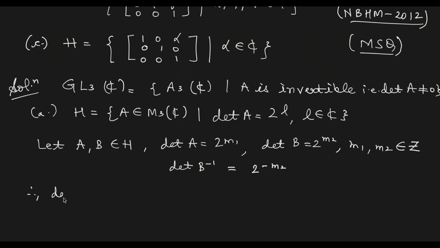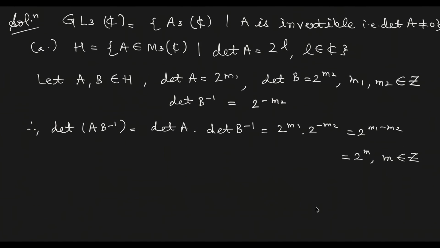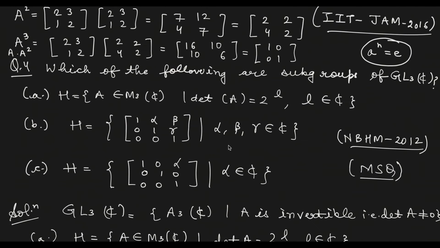Therefore, the determinant of AB inverse is the determinant of A into the determinant of B inverse, so 2 to the power M, where M is an integer. So H is a subgroup of GL3C. It should be L belongs to integers only.